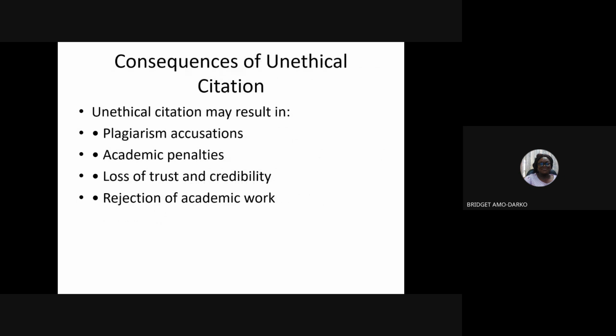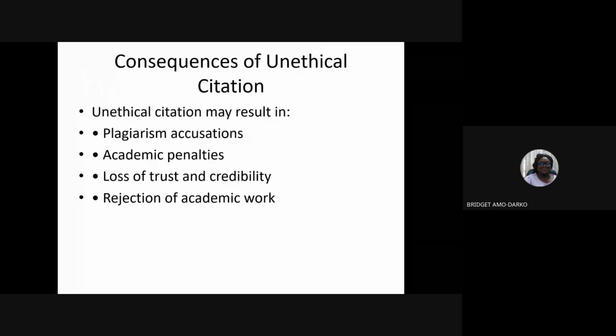Question on unethical citation. Unethical citation may result in plagiarism accusation, academic penalties, loss of trust and credibility, and rejection of academic work. When you don't cite well, you'll be accused of plagiarism. In the university system, when you write your thesis, you take it to the library for them to run a plagiarism check as to whether your citations are accurate, reliable, and authentic.